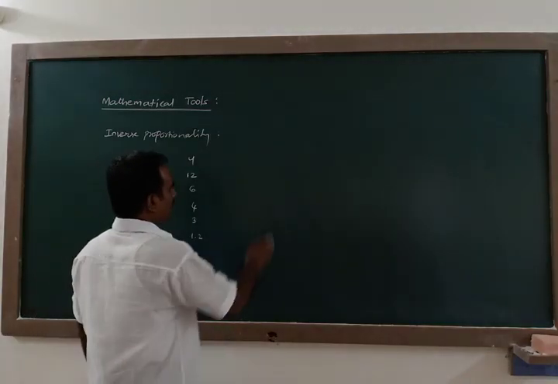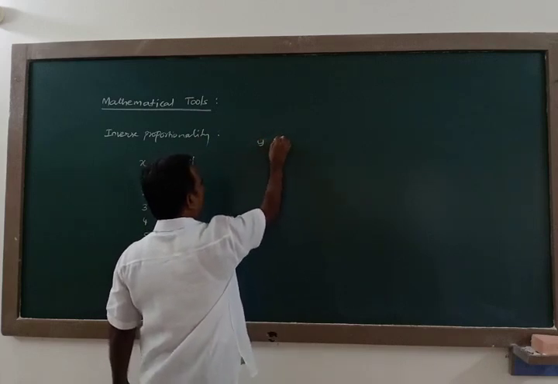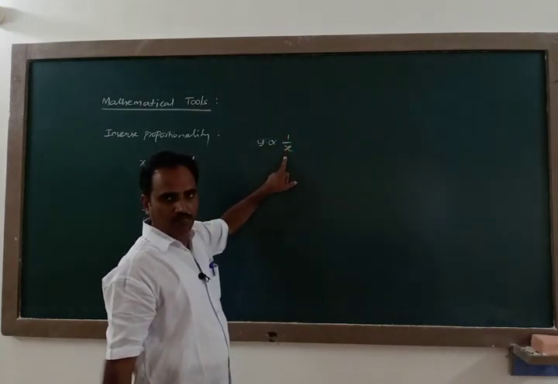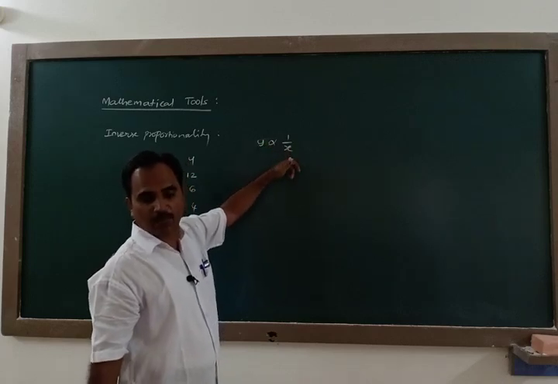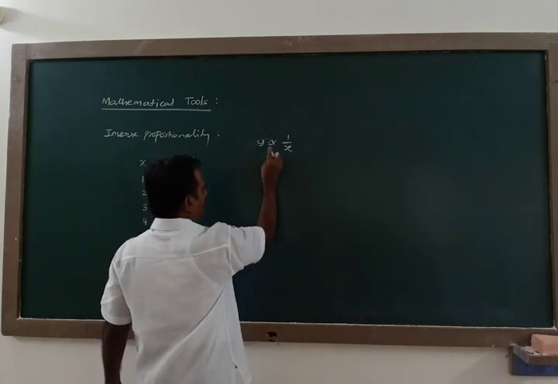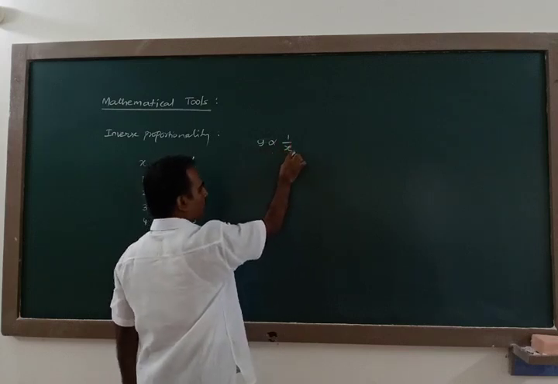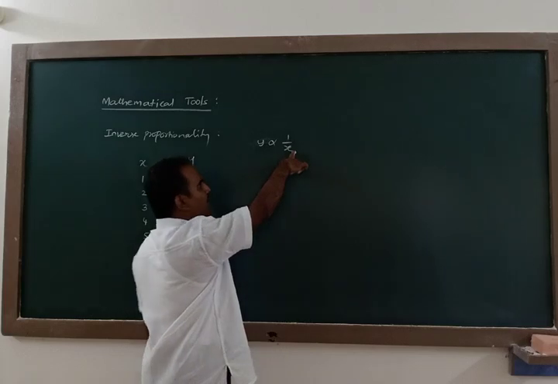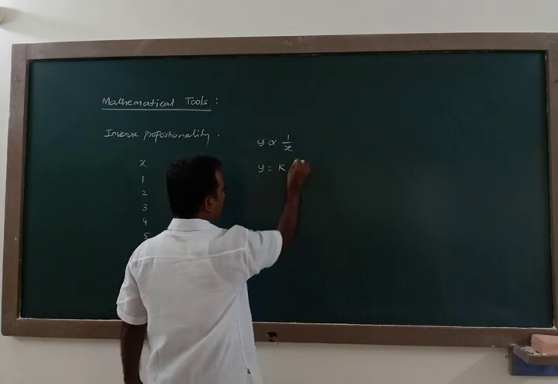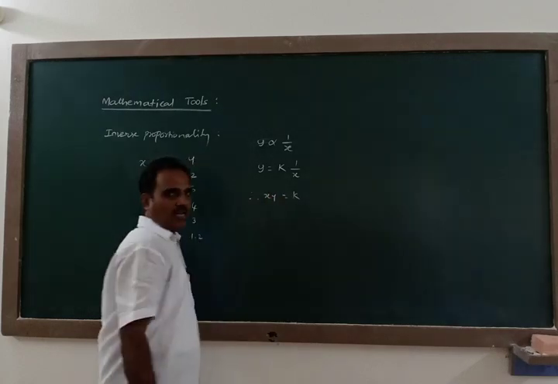See, when two quantities are inversely proportional, they are represented like this. y ∝ 1/x, or y is inversely proportional to x. See, y is directly proportional to 1/x or y is inversely proportional to x, both are one and the same. In case of direct proportionality, I told you that this can be written as y = k × 1/x. That means x·y is equal to a constant.